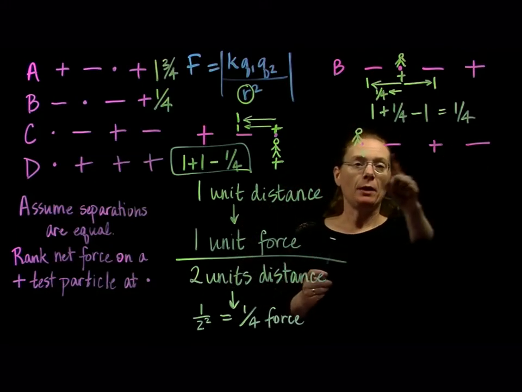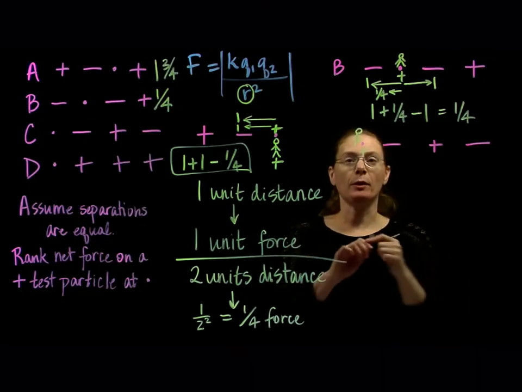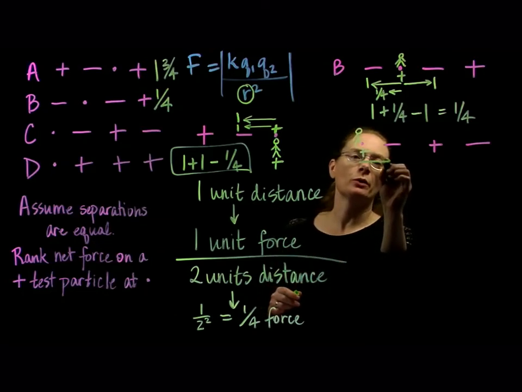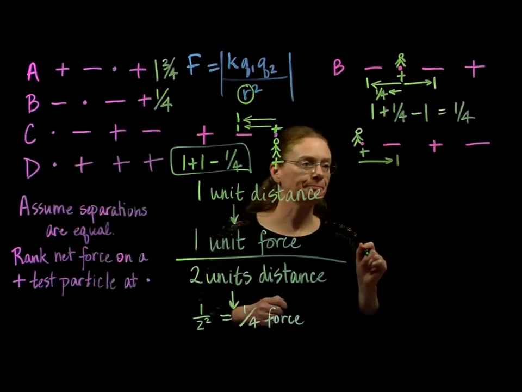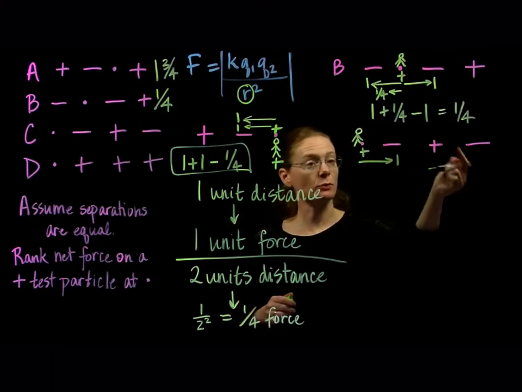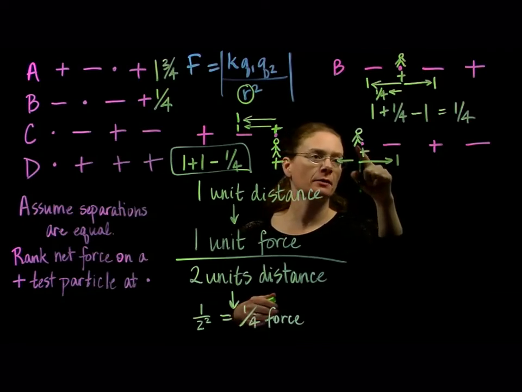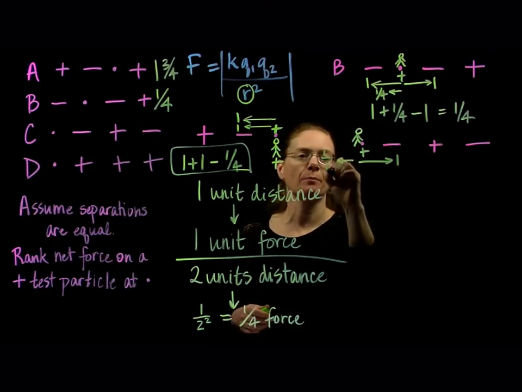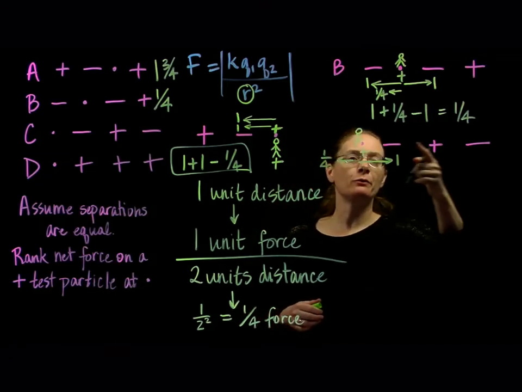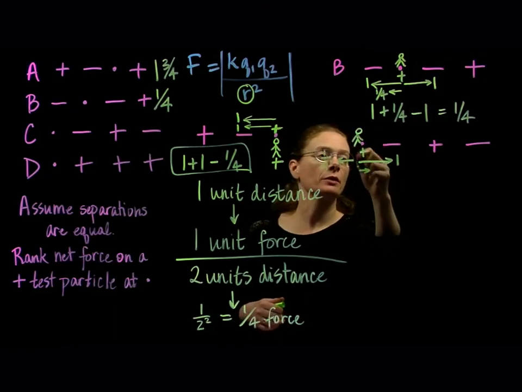Take them one at a time. This negative is attracting me, so I'm being pulled towards that negative with a size 1 force. This positive is repelling me. I'm being pushed away from it with a size, it's 2 away, so it's 1/4. And this negative is attracting me, so it's going to the right.